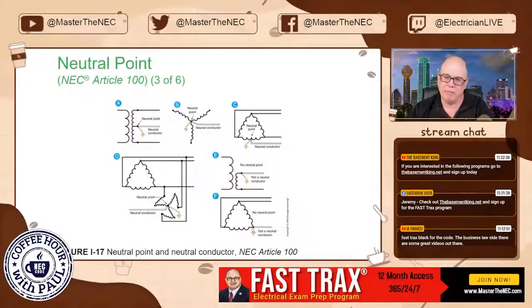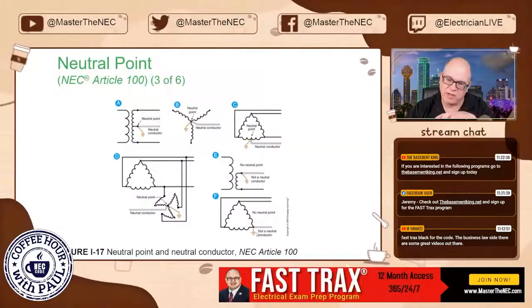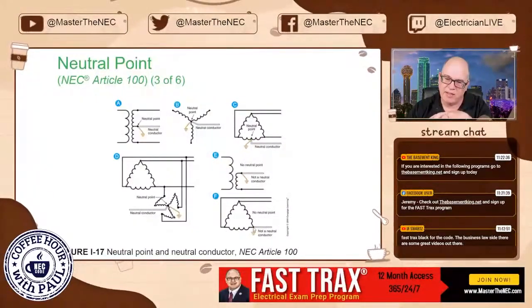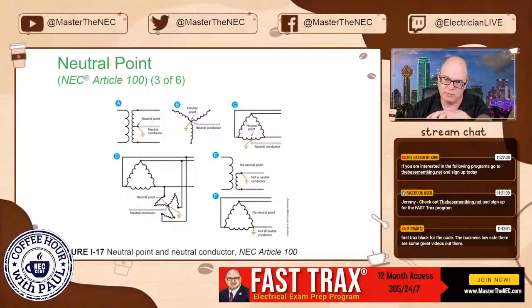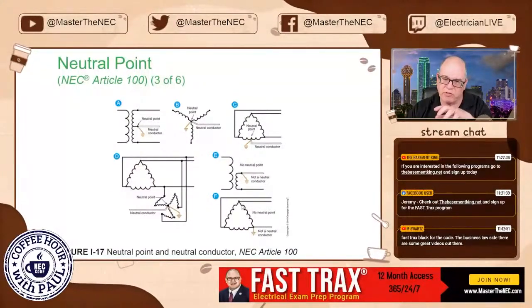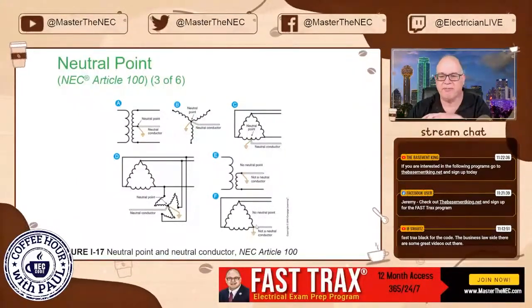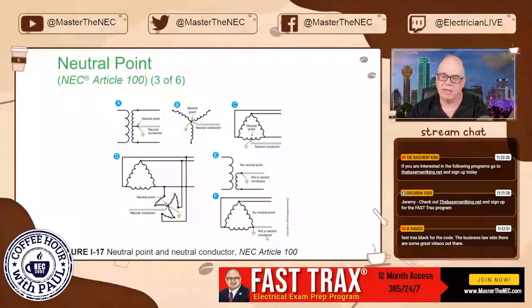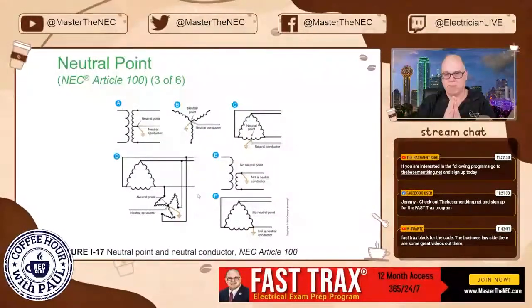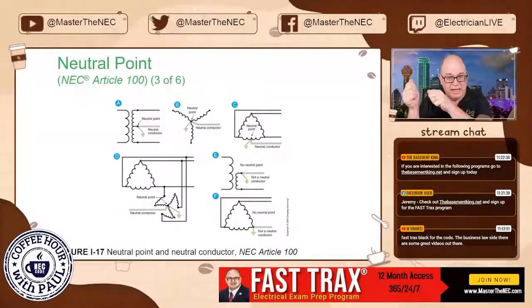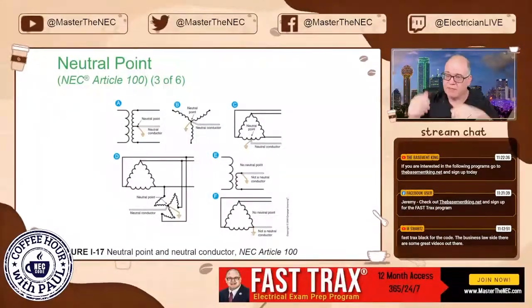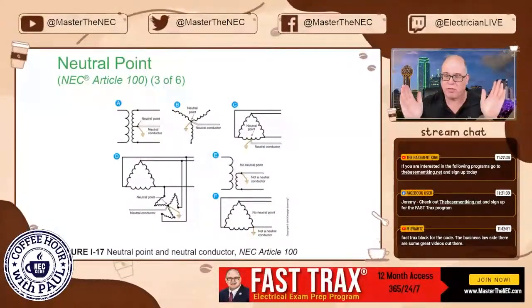Okay, check this one out. This one is a delta. This is a corner grounded delta. This is not a neutral conductor, because the voltages measured to this would be different. They're not all the same. Again, what you measure from any of the legs to the neutral point, if they're all the same, then it is neutral amongst all of the legs.